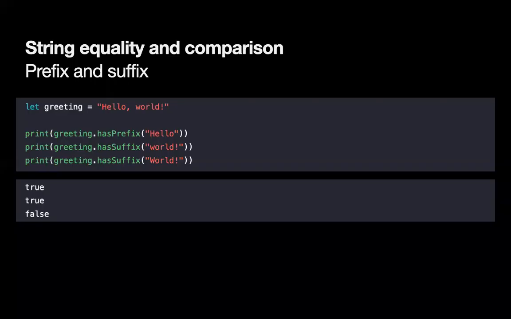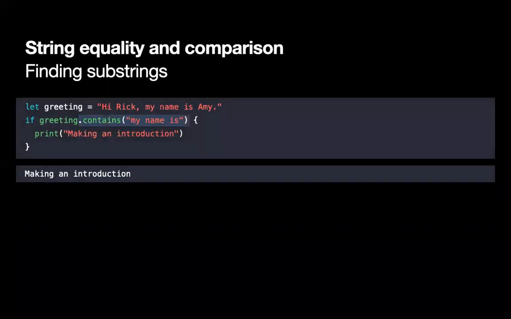Then again, we will go further, string equality and comparison, where we will find substrings. That means we will check whether the string contains a specific alphabet or name or not. For illustration purposes, we have taken one constant greeting having the string Hi there, my name is Amy.